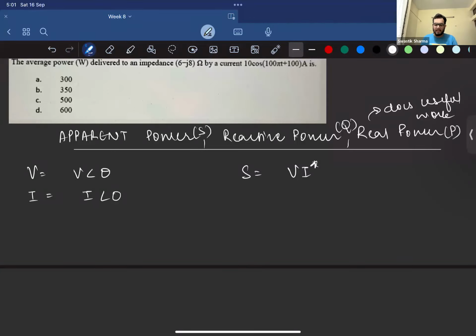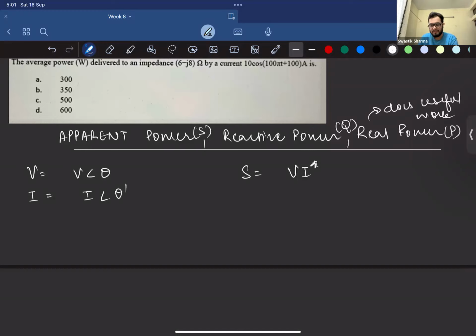Now, why do we take VI conjugate? It's because, let's say we have some theta dash. We need to find the phase angle difference between voltage and current, right? If we just take VI, we won't be able to calculate the phase angle difference.